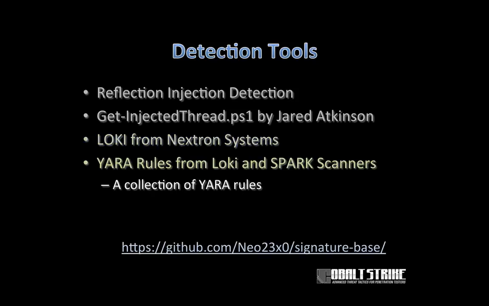You can also see the Yara rules used by Loki and one of Nextron Systems' commercial scanners, Spark, at the GitHub repository below. Nextron does have a commercial scanner called Thor, which has a proprietary rule base as well, if that kind of thing interests you.